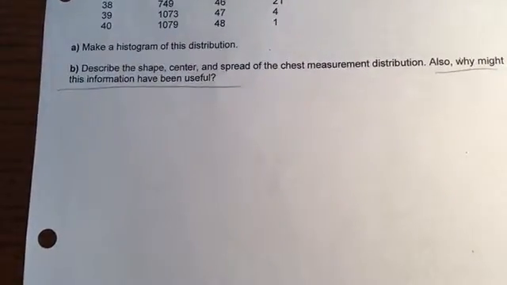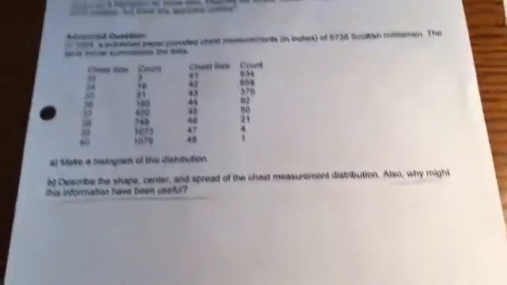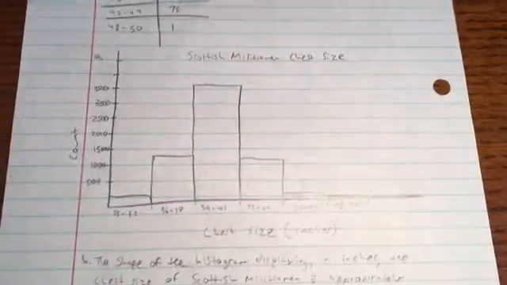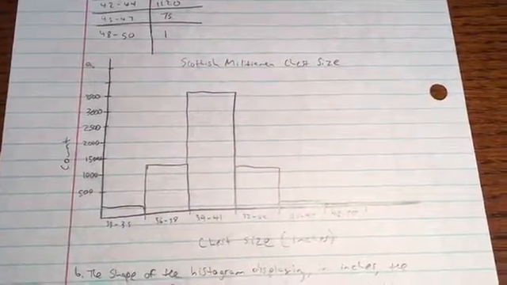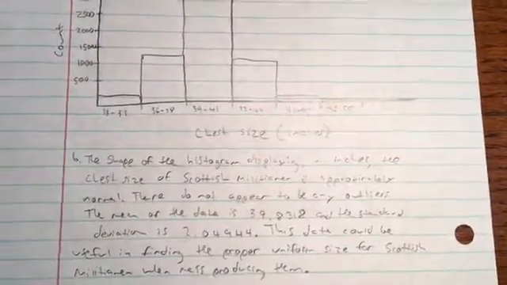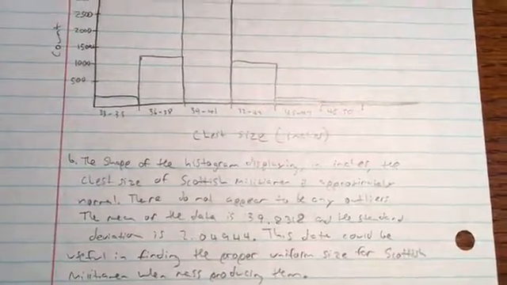So then we go into, why might this information have been useful? And I guess this is definitely something that's up to interpretation, but what made sense to me and what I included was that this might have been used when thinking about how to make the uniforms for these militiamen.